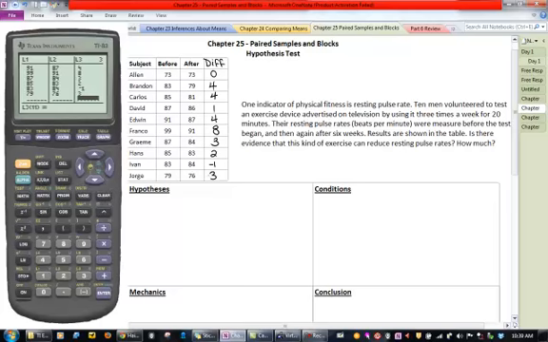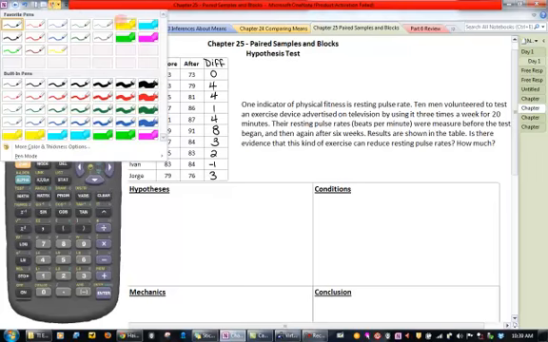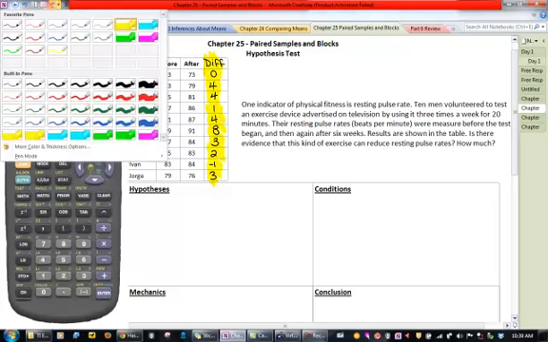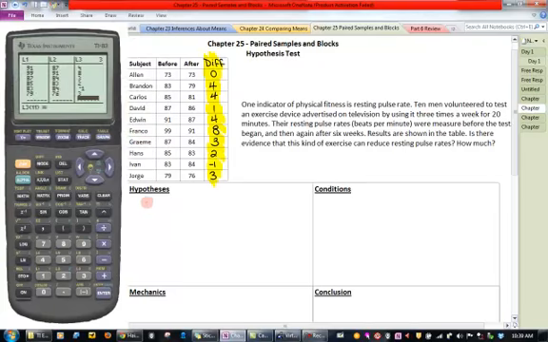These are going to look a little bit different because, again, we only care about this column now. We only care about the differences in their pulse rates. So our null hypothesis is going to be about the average of those differences. Our null is that the mean of those differences, I'm going to write that mu sub d, d for difference, is equal to 0. That means there is no difference between the 2 pulse rates.